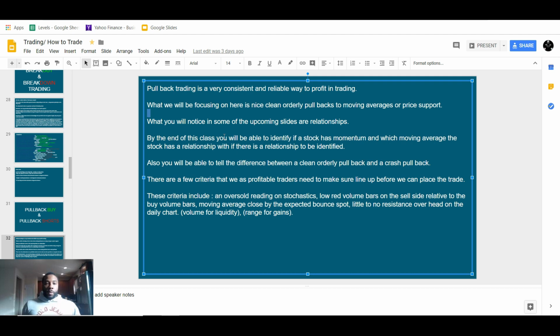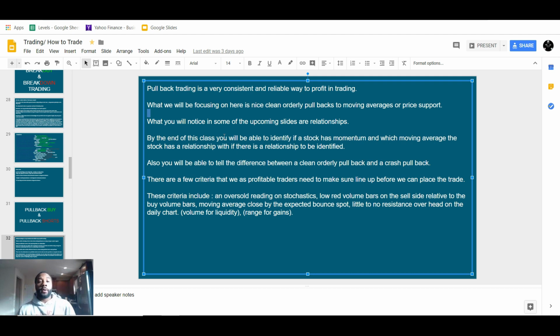By the end of class, you will be able to identify if a stock has momentum. By momentum, I mean it's no longer going sideways in the moving averages. It's actually making higher highs and higher lows. It has momentum pushing it further in the direction it's going, as opposed to a stock that's in its accumulation phase and just going sideways.